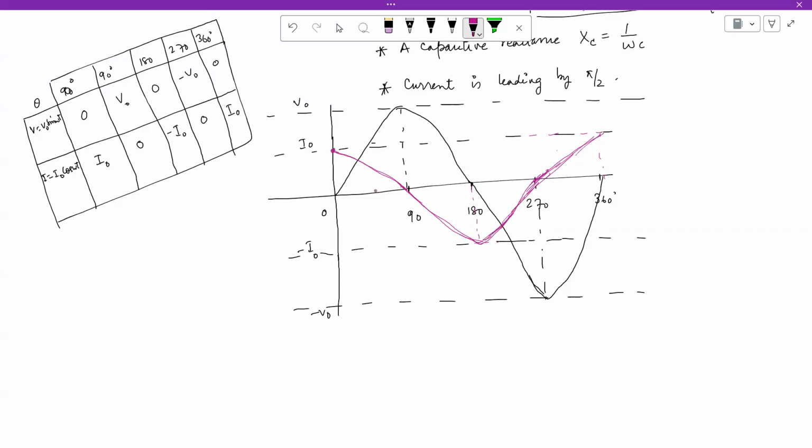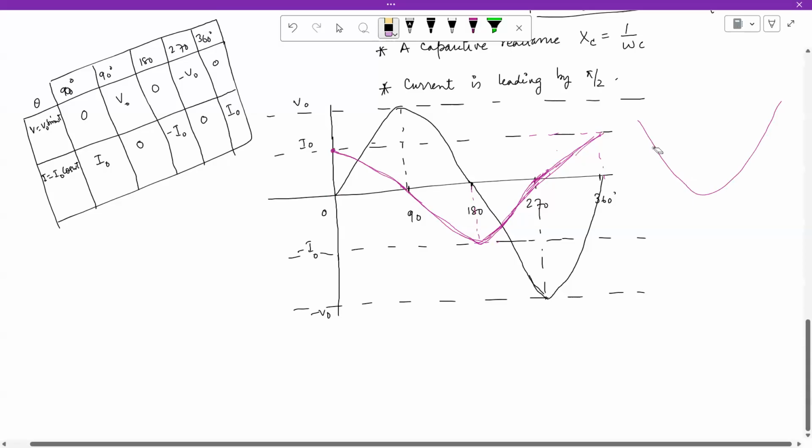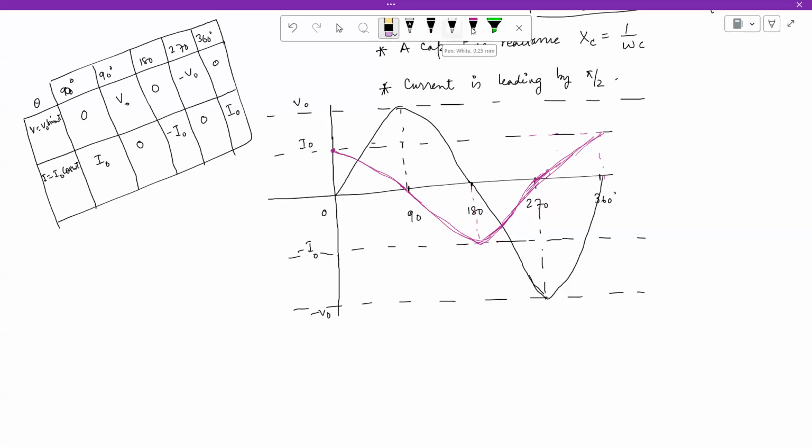My graph is not that good because it should be like this, but because of these axes, I have this wrong graph. But yeah, this would be the shape of the graph.